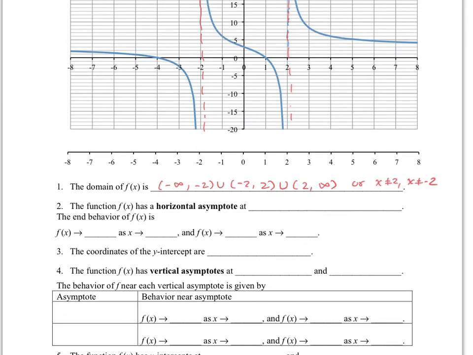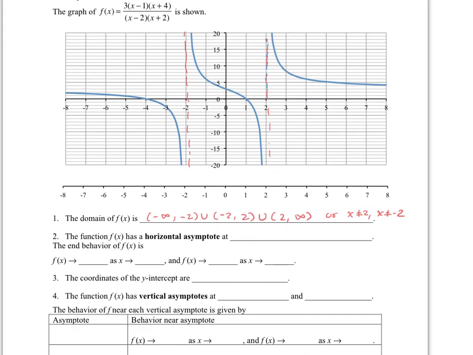That's the domain. Now for the horizontal asymptote, that would be the end behavior as x goes to infinity or minus infinity. Now, this graph actually is not complete, so if this keeps going, this approaches 3, and this side also approaches 3. So if you have something like this on the test, it should be clear. So here the horizontal asymptote is y equals 3.